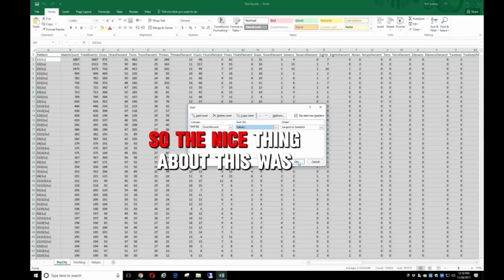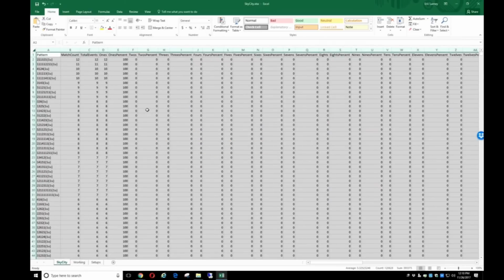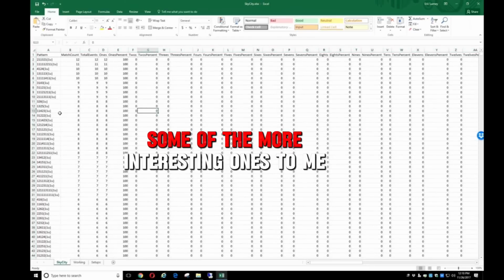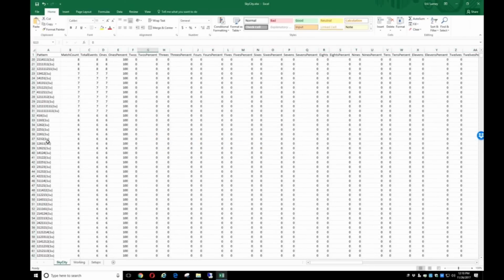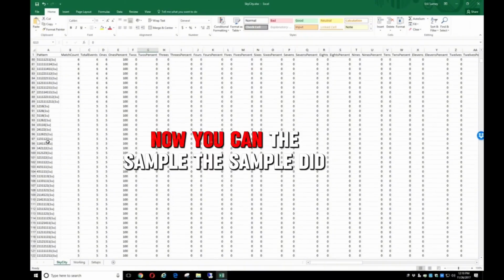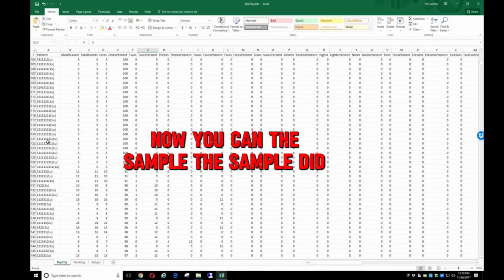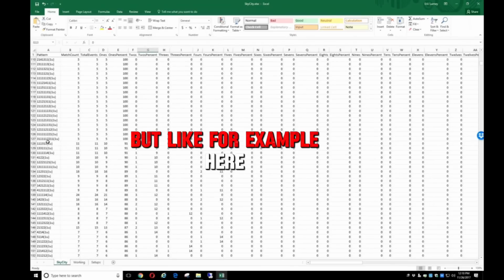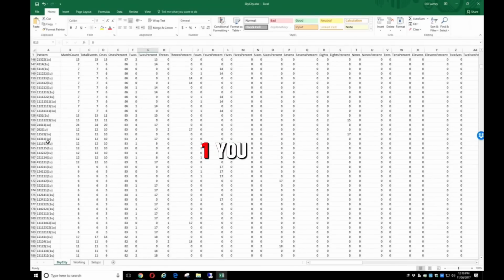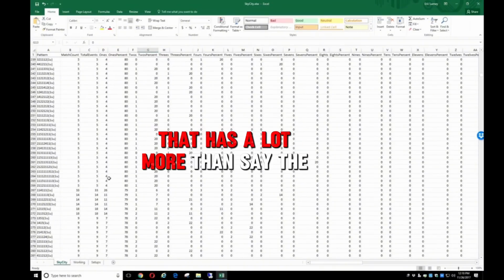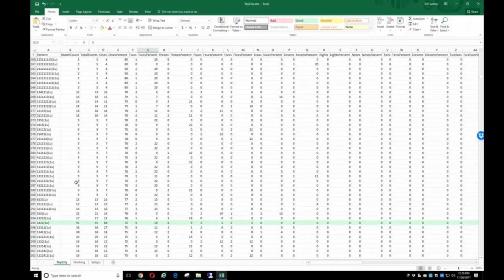So the nice thing about this was it had a lot of data, and you see a lot of patterns here. Some of the more interesting ones to me were the ones with higher number of events. Now the sample did flatten out the percentages a little bit, but for example here, this 1411 has 91 events, and that has a lot more than say the rest of these up here.